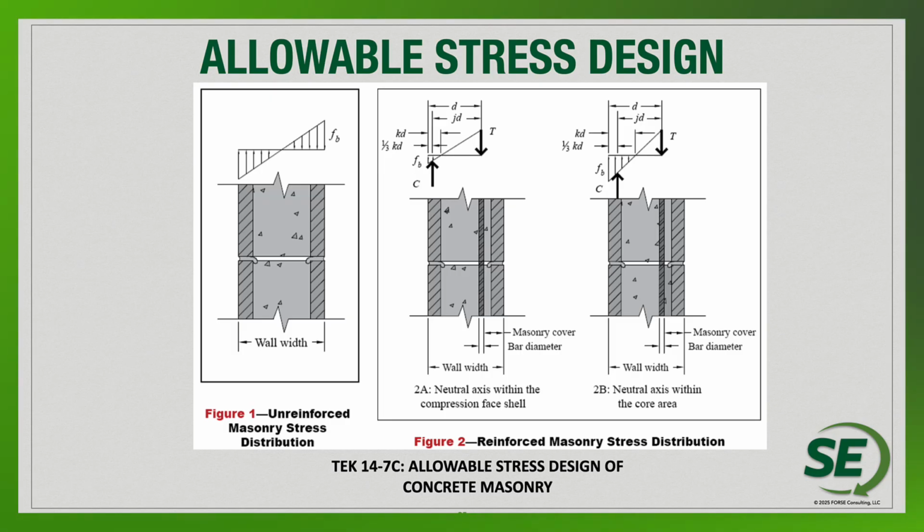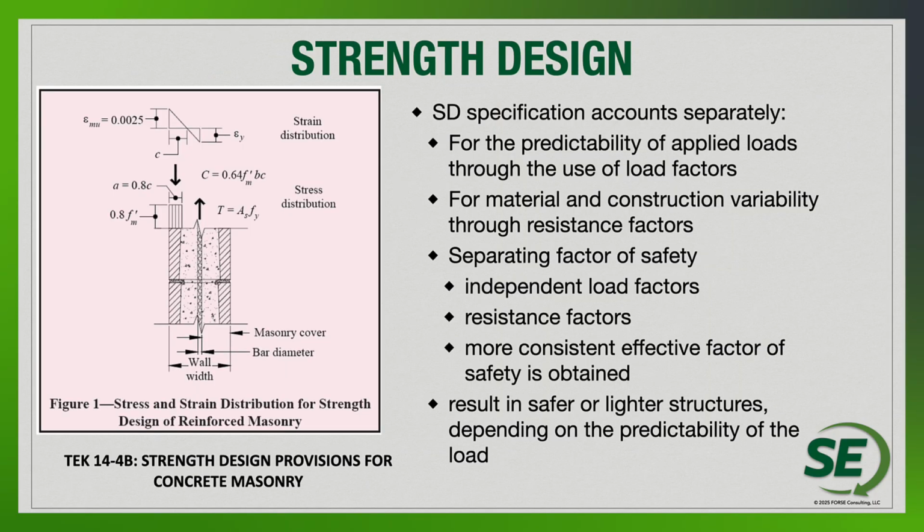And then strength design. Again, strength design is going to be very familiar, especially if you're used to doing concrete design. The capacity equations and stress-strain distribution to force diagrams that you'd have within strength design are going to be very similar to what we have seen for concrete design.